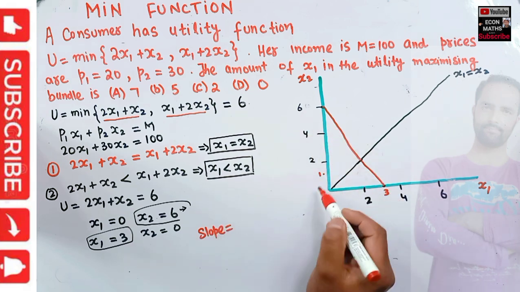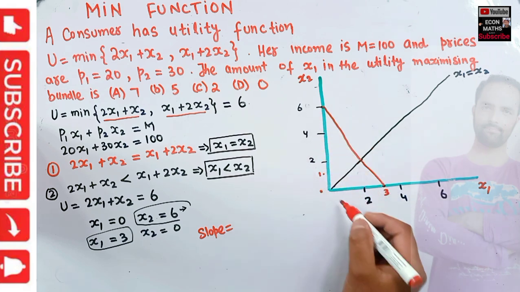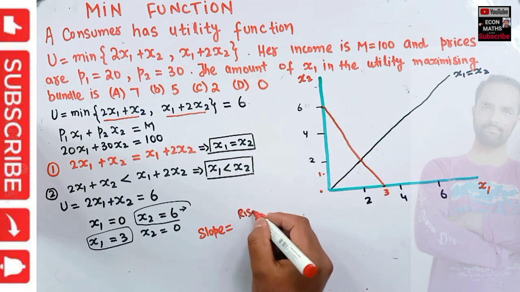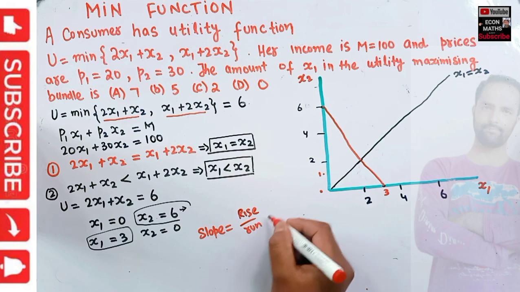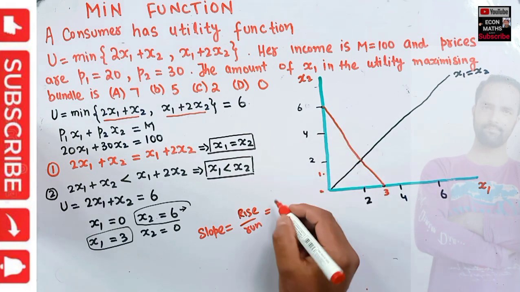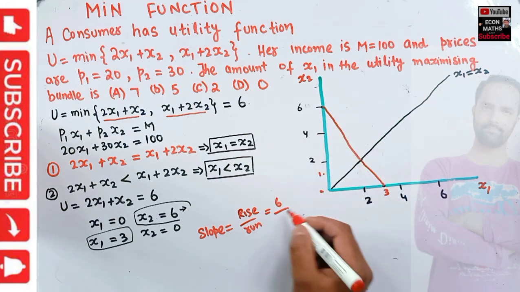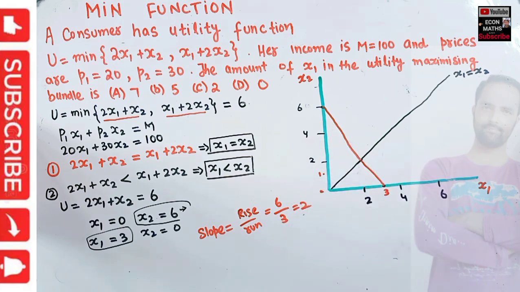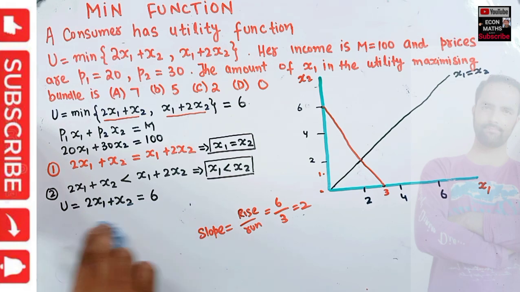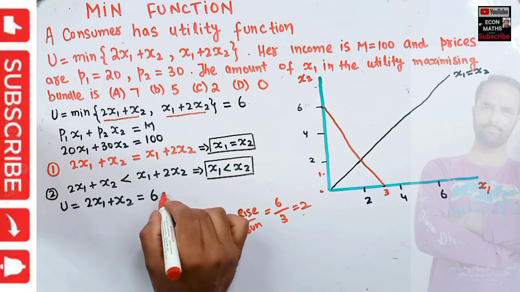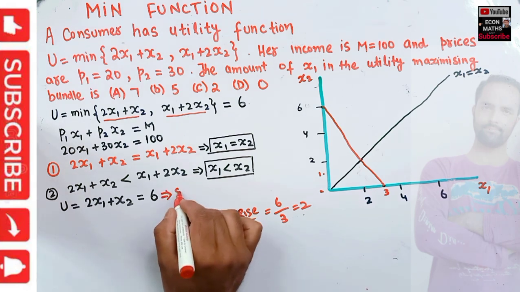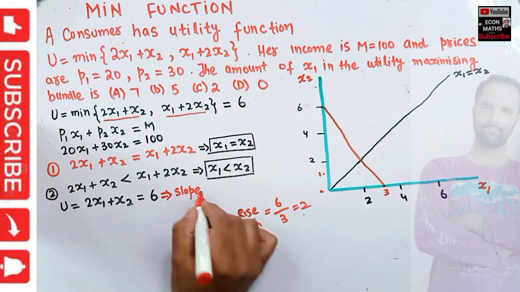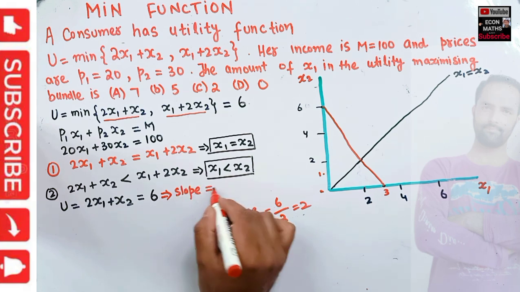We know the slope is rise over run, so from 0 to 6, 6 upon 3, which means the slope of this red line is 2. So we got the slope of this red line as 2, also in absolute value equal to 2.